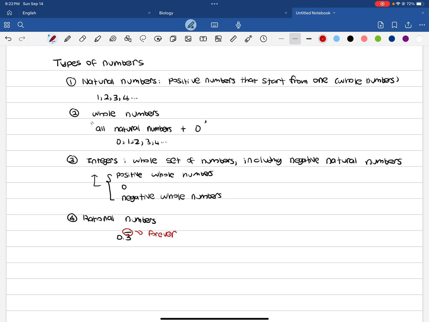These are also rational numbers. -8, yes, it's classified as an integer. So basically, rational numbers are the big part, and natural numbers, whole numbers, and integers all are classified in rational numbers.